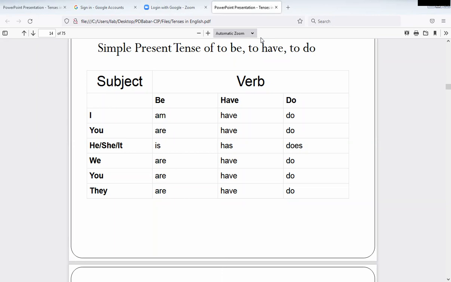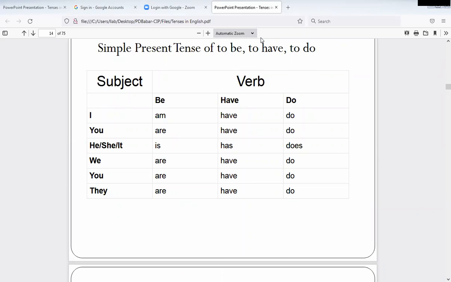So if we are using this does form in the sentences, then we'll use, he tries his best. We'll add es as a suffix to the verb. He tries his best for getting a job or for getting a win. He tries his best for the victory of the Indian cricket team.